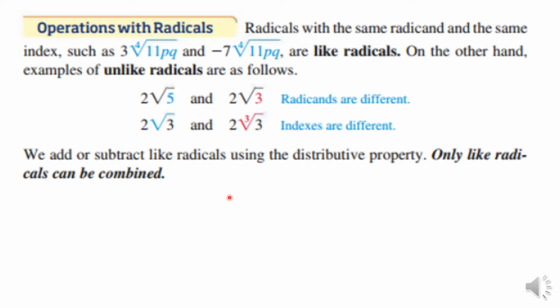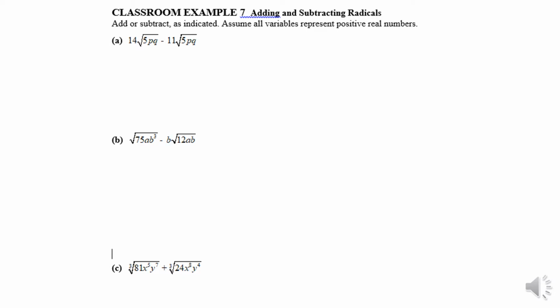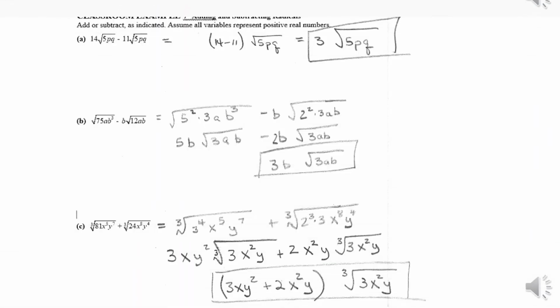You can only combine like radicals. So here's an example 7. Let's see how you do, and see how you did. Ask questions as you have them. Learning Commons, guided study group, or in class, or otherwise.